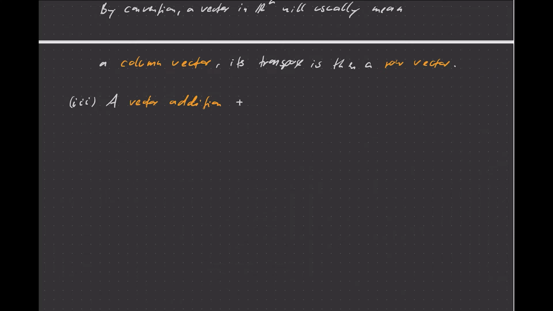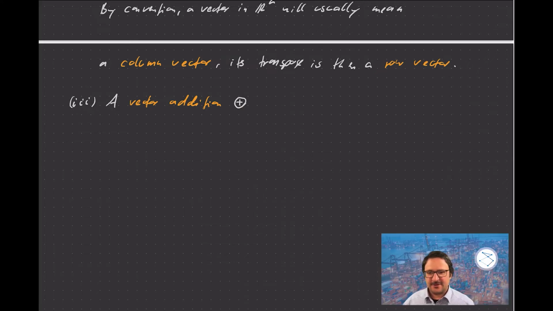We write this vector addition as plus with a circle around it, just for this definition here, to emphasize that this is actually not the usual addition of two real numbers, but the addition of two vectors. That might be something different, or it is something different, in fact. It's just very close, of course, because this vector addition is defined through the addition of real numbers. So it kind of inherits all of the nice properties of addition in the reals.